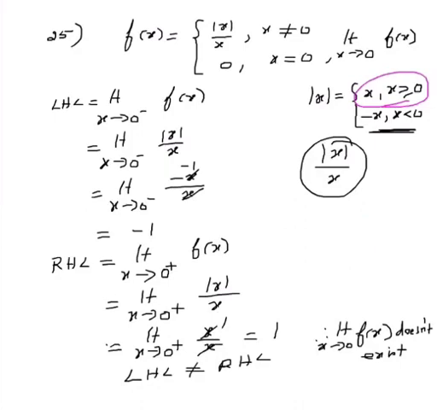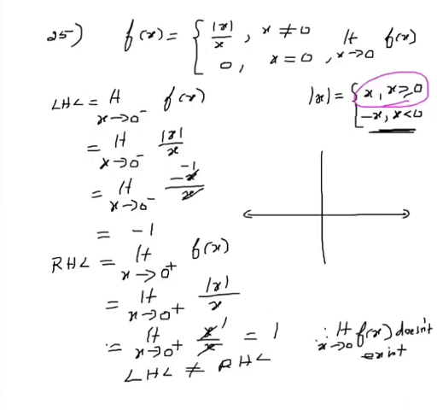Why does it not exist? We know the graph of this function, the signum function. When x is 0, the answer is 0. For all positive values, the answer is plus 1, and there is a bubble here because it is not defined at x is equal to 0.